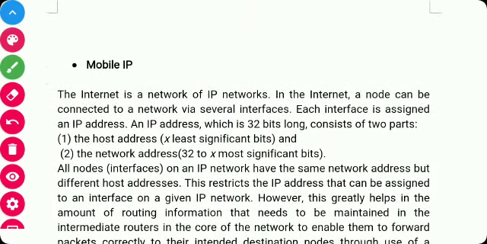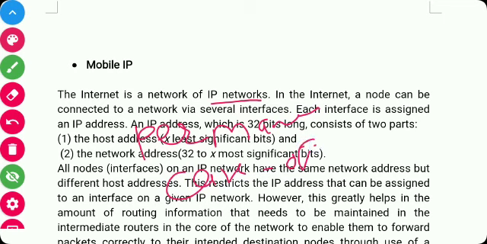Next is mobile IP. Mobile IP solves the problems caused by mobile nodes frequently changing their IP network, by associating two IP addresses with each node: first the permanent IP address and second the care-of address.